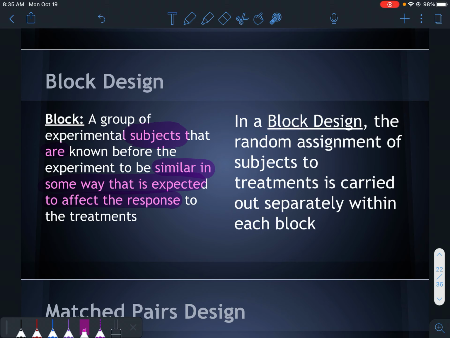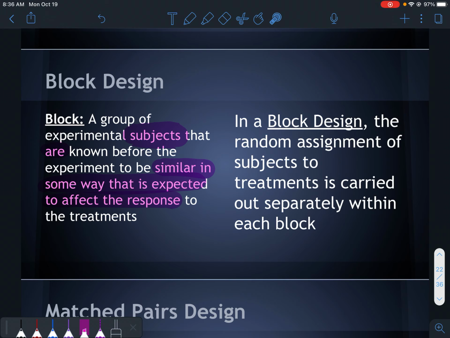So a block design. What a block is, it's a group of experimental subjects that are known before the experiment to be similar in some way that is expected to affect the response to treatments. So in short, subjects are similar in some way that is expected to affect the response. So if we had, say, a group of 200 individuals and we grouped them by their current hair color, is that going to have an effect on their blood pressure?